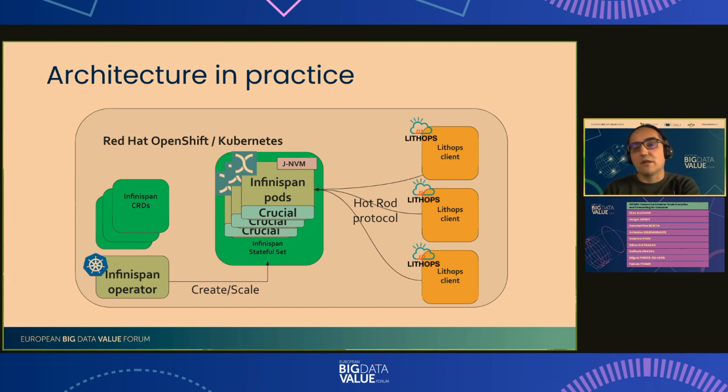And the Lithops clients connect using the intelligent Hot Rod protocol to the Infinispan pods. Hot Rod is an intelligent protocol that automatically, transparently supports the scaling of the backend, so that the front end doesn't need to be reconfigured to know that new nodes have been added.